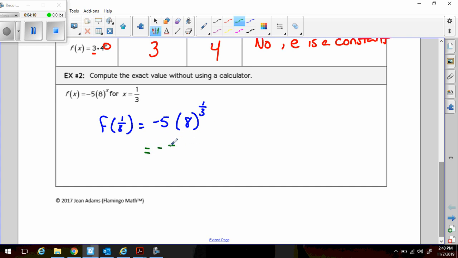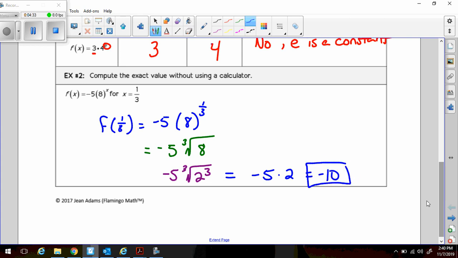So this is going to be negative 5 times the third root of 8. And 8 is 2 cubed, so negative 5 times the third root of 2 to the third power. Anytime we have a root and a power that is the same, they cancel each other. And we're going to have negative 5 times 2, which is negative 10. This is how we compute it without a calculator.